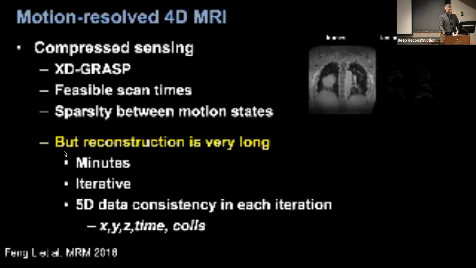Also, in each iteration, we're enforcing data consistency, which in this case is a 5D data consistency. You need to go to k-space for each time and for each coil, compute the residual, and then come back to the image domain. This operation is very, very time consuming.